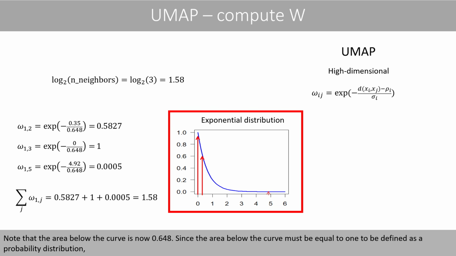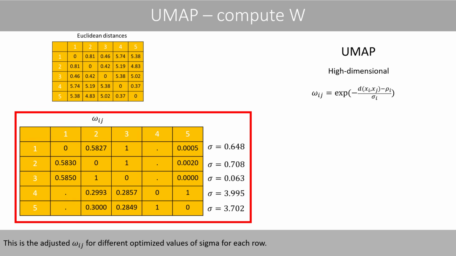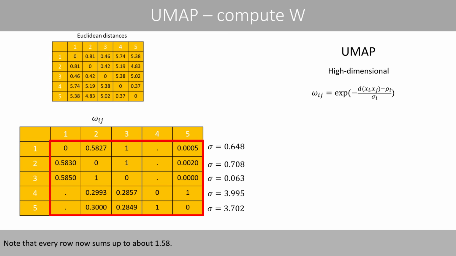Note that the area below the curve is now 0.648. Since the area below the curve must be equal to 1 to be defined as a probability distribution, the unnormalized exponential function used in UMAP is instead referred to as an exponential kernel. This is the adjusted VIJs for different optimized values of sigma for each row. Note that every row now sums up to about 1.58.